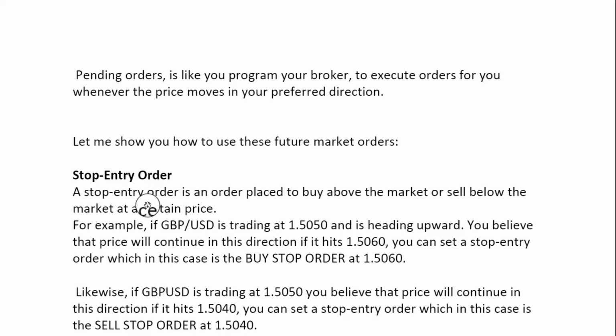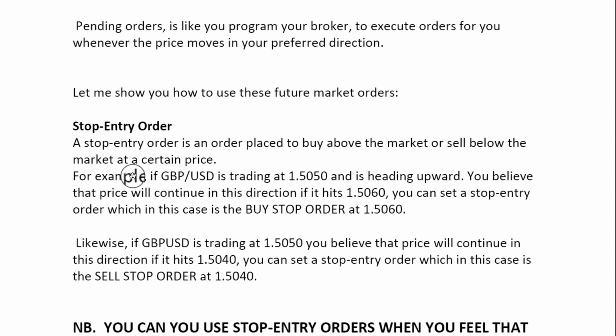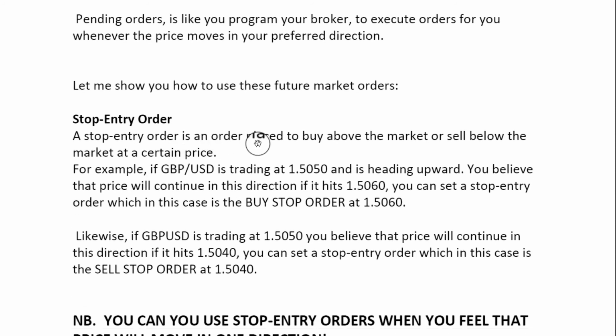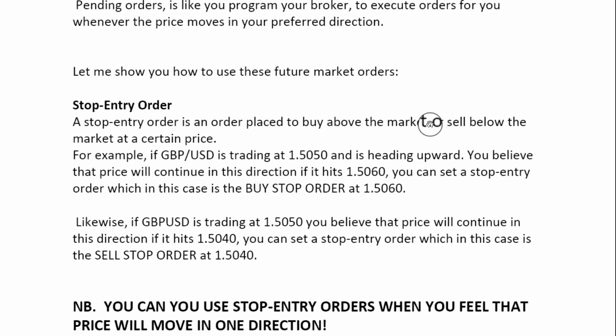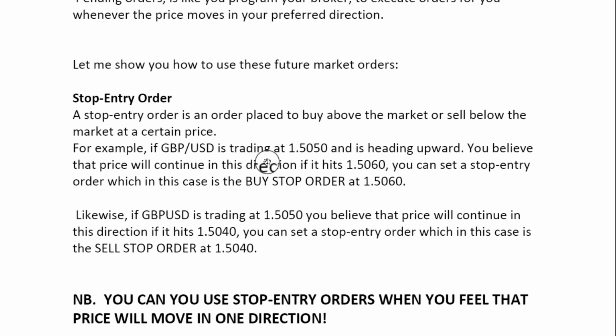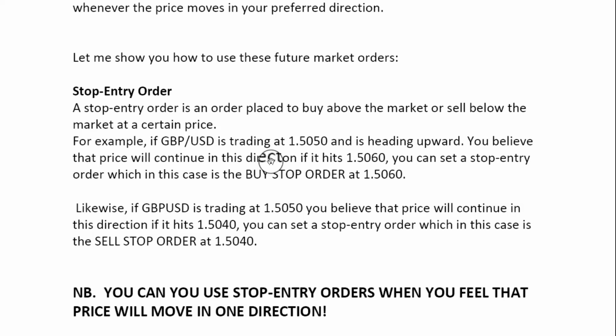Okay, so let's look at a stop entry order. A stop entry order is an order where you buy above the market or sell below the market at a certain price. For example, if GBPUSD is trading at 1.5050 and is heading upward, and you believe that price will continue in this direction, if it hits 1.5060, you can set a stop entry order, which in this case is the buy stop order at 1.5060.